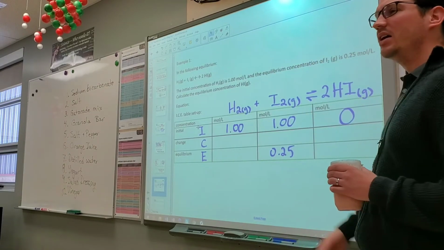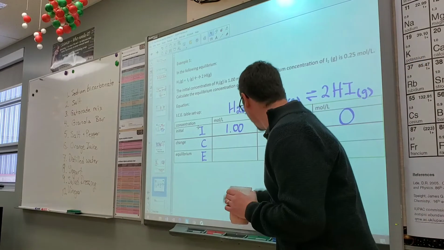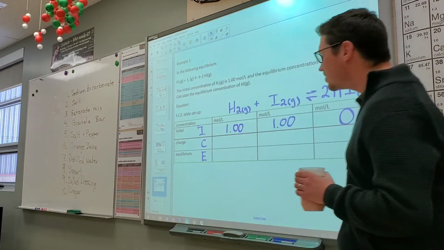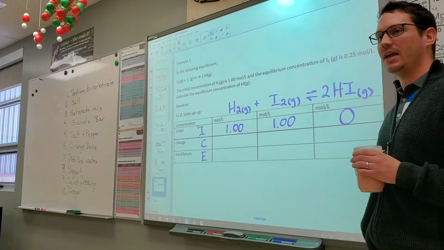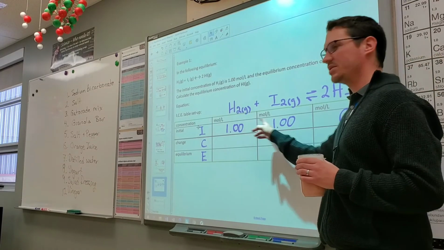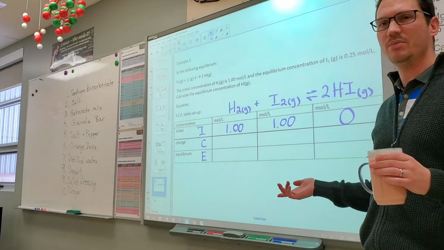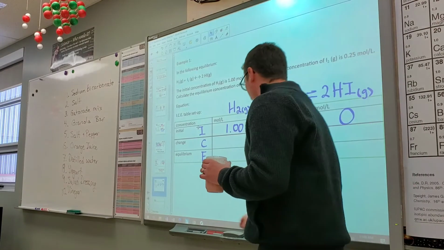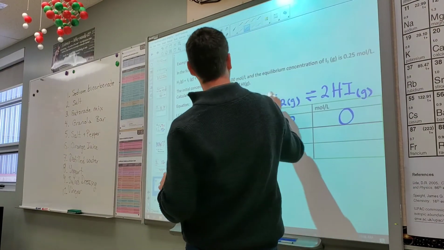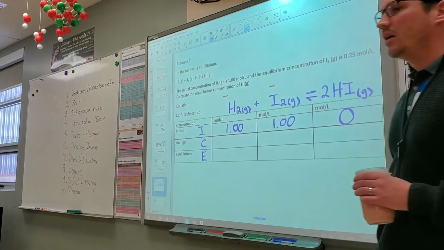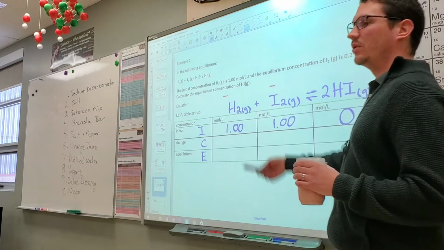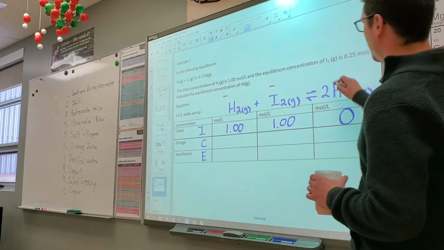They're going to be going down. Can you see how the only thing that can happen is that our reactant concentrations can go down? Does that make sense? So above here I'm going to say negative and negative. And if we're losing reactants, what do we have to make? Products.